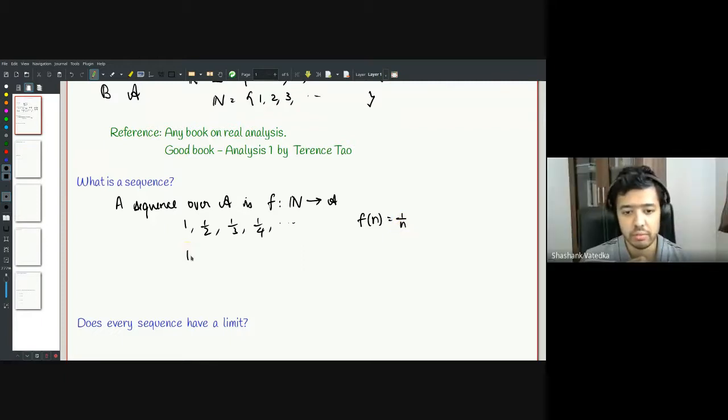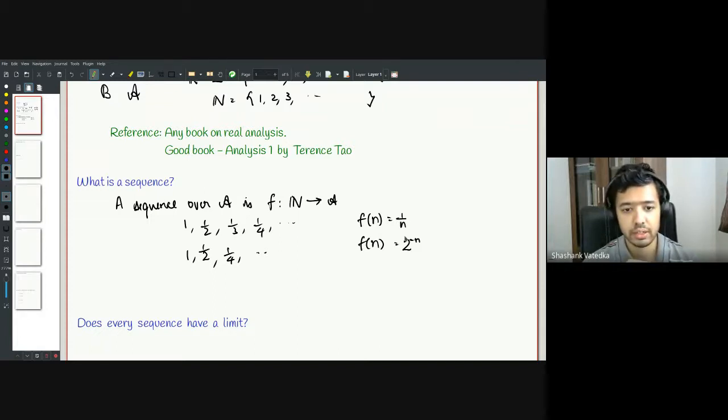Similarly, when I have, say, 1/2, 1/4, and so on, my f of n is 2 to the minus n. So basically, when we say that we have a sequence, you're defining a function which maps 1 to f of 1, 2 to f of 2, 3 to f of 3, and so on. And that's all that a sequence is.